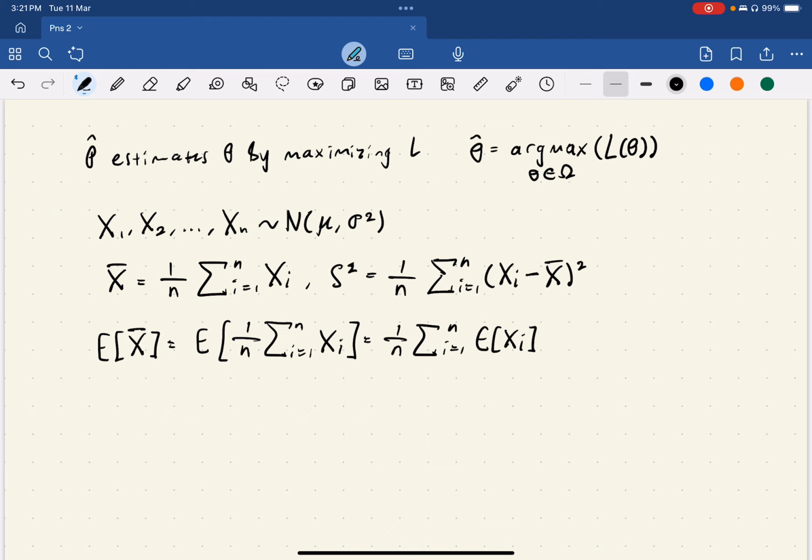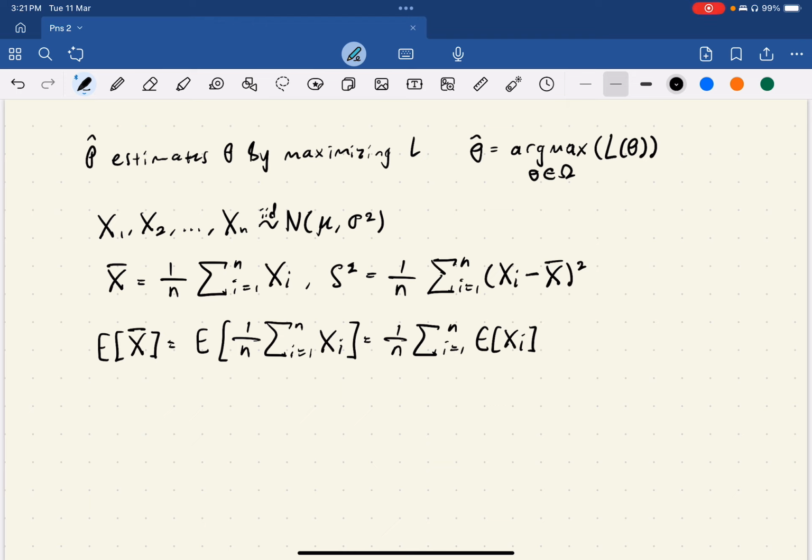And since we suppose that this is true, oh, I forgot to add, the condition here is that the sample is identically and independently distributed. What that means is every xi here is independent and identically distributed as a normal distribution.